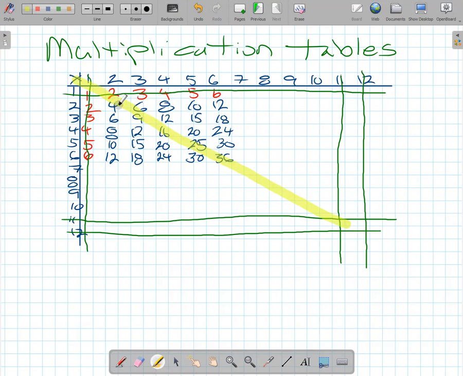So really, we only need, say, the top half or the bottom half. So let's say we don't really need the top half here, and all of this can go. And all we really need is this part down here.